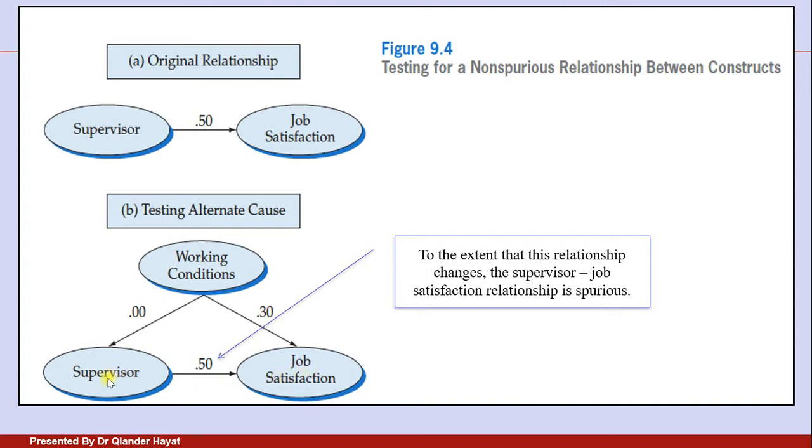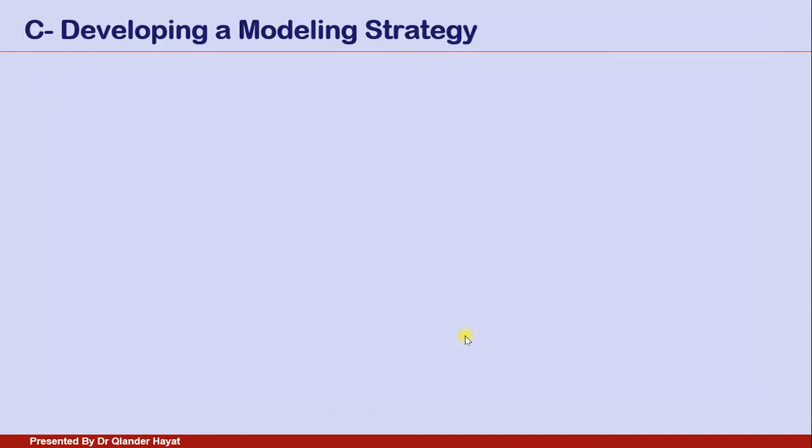So the direct relationship of supervisor and job satisfaction becomes spurious, to the extent that the relationship changes. So we are interested in non-spurious relationships in testing the SEM.